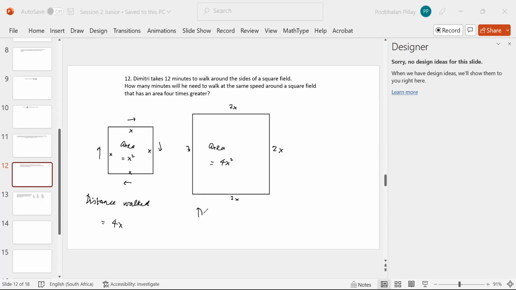And in this case, the distance walked equals 2x multiplied by 4, which equals 8x. So the distance that he walked is actually twice as much. If it takes 12 minutes to walk around 4x, then to walk a distance of 8x, it has to be 24.